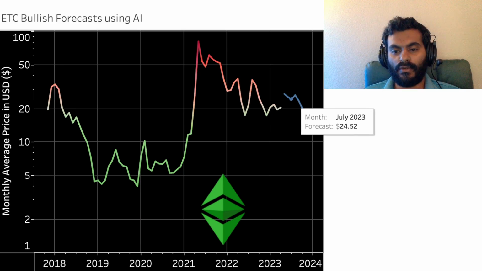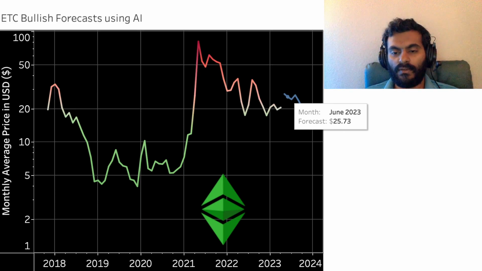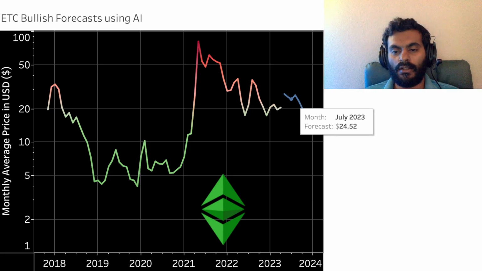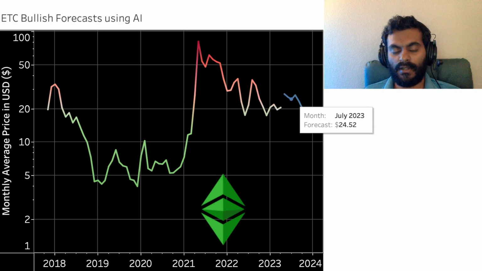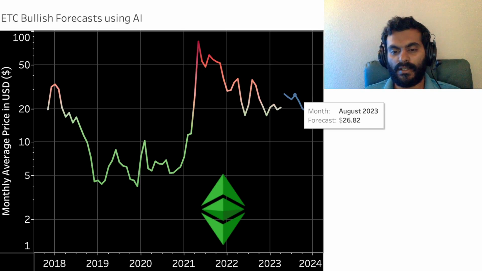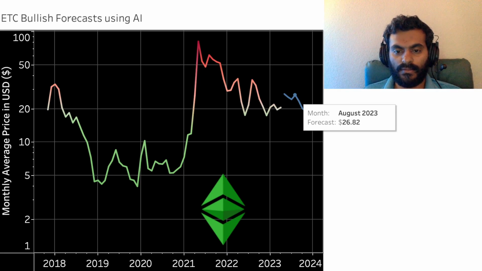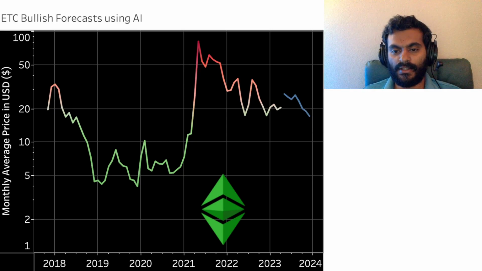In July, $24.52. So from May till July, the price crashes a little over 10%, and then in August again a rally to almost $27. Since August a similar trend is forecasted even in the bullish scenario, although the values would be slightly higher than the base forecast. The model has forecasted a crash from August till December.